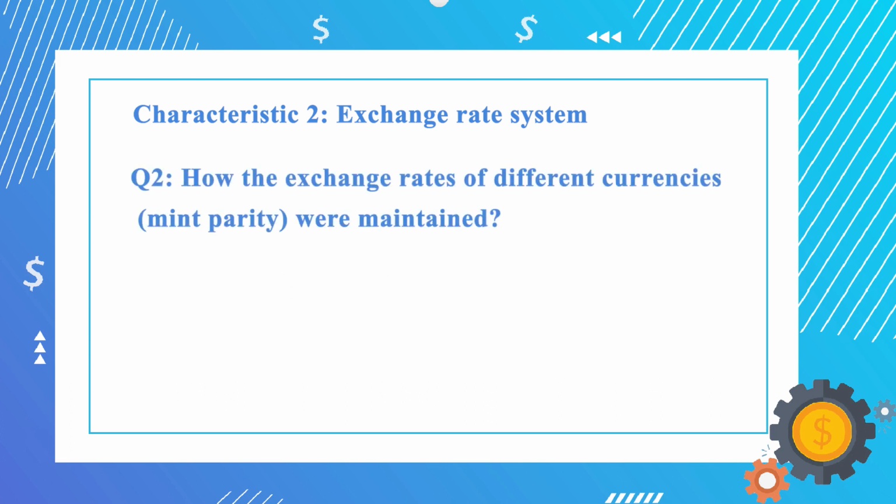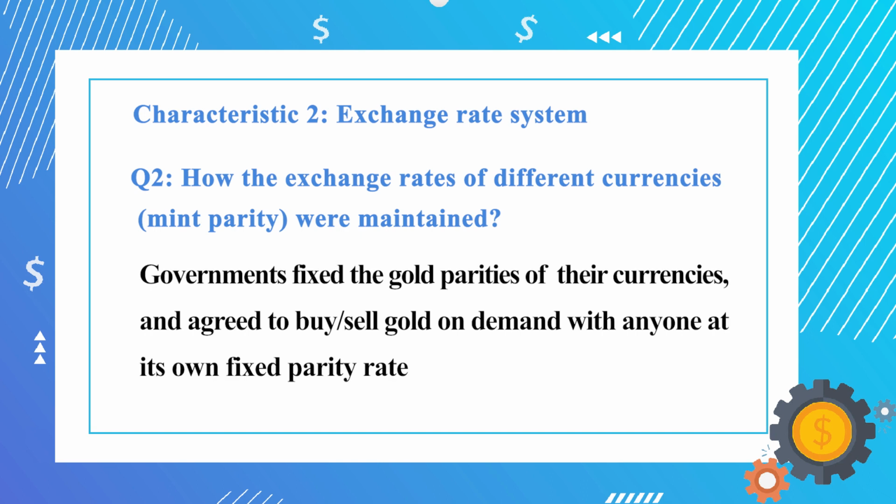Question 2. How were the exchange rates of different currencies, or mint parities, maintained? The answer is that governments fixed the gold parities of their currencies and agreed to buy or sell gold on demand with anyone at its own fixed parity rate.